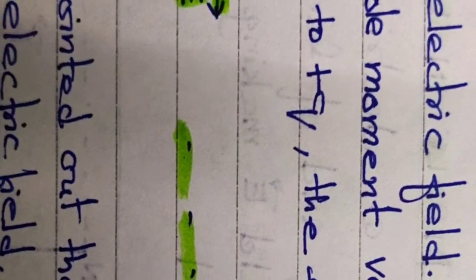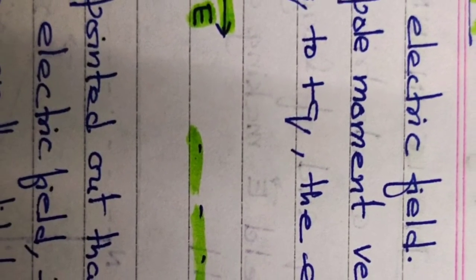The torque on the dipole tends to align it along the direction of the electric field. Since the electric dipole moment vector p is a vector from the charge minus q to plus q, equation 26 may be expressed as tau equals p cross E. This is equation number 27. Number 1, it may be pointed out that when a dipole is placed in a uniform electric field, it experiences only a torque.